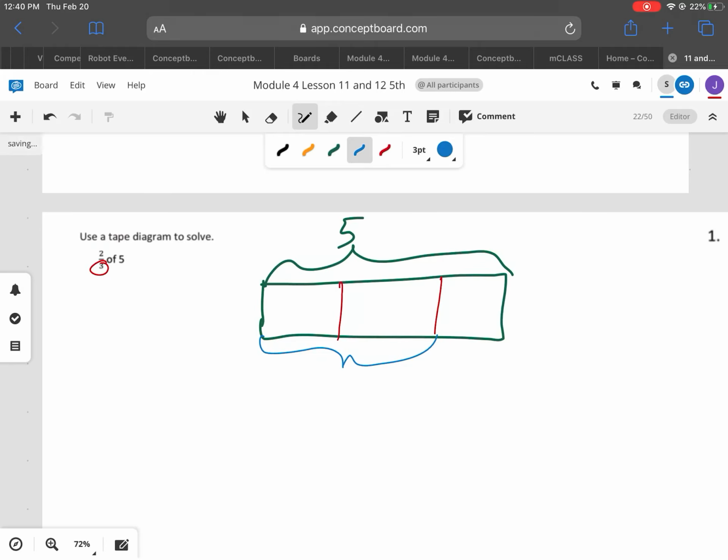And we are looking for 2/3. Alright, so now we need to do our multiplication to do this, because as I told the class already, of means multiply.